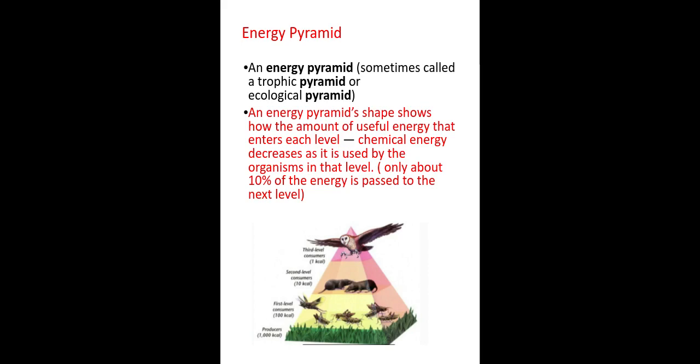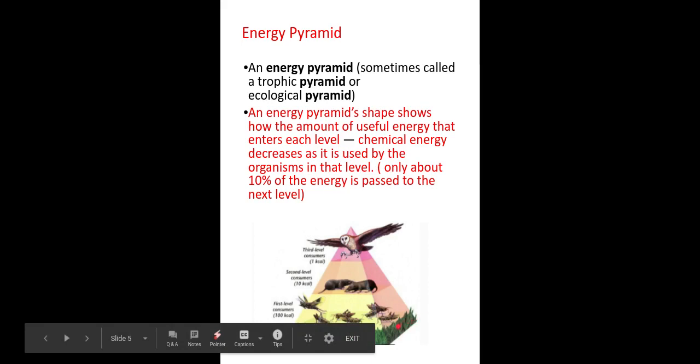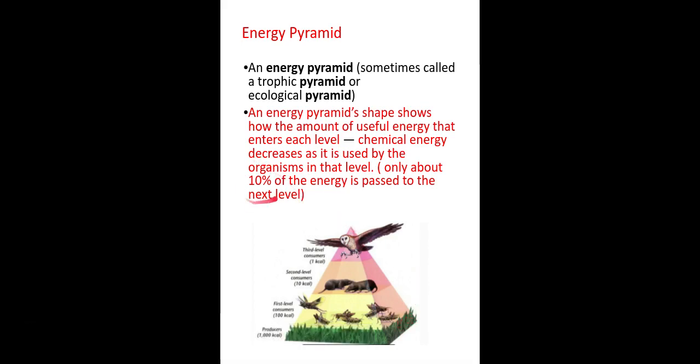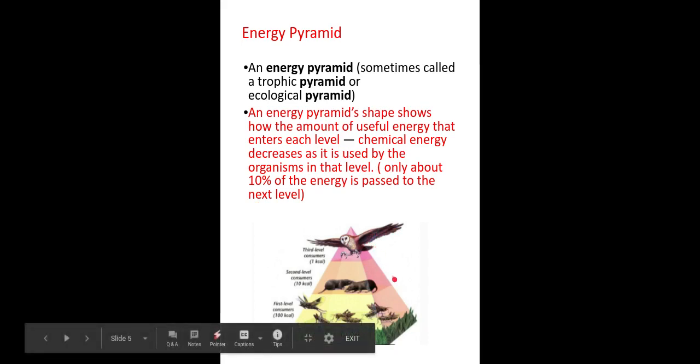Okay? Same thing when you go to the secondary. When those primary consumers get eaten, only about 10% of what they have eaten gets passed on. Why only about 10%? Because some of the energy is used, some of the energy is stored, that sort of stuff. Again, only 10% gets moved each level you go up.